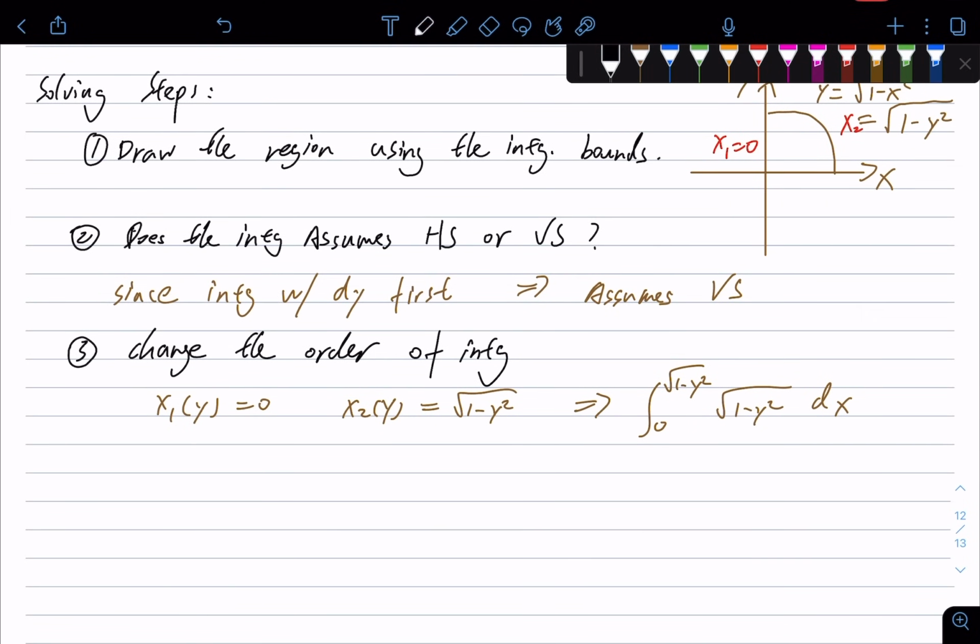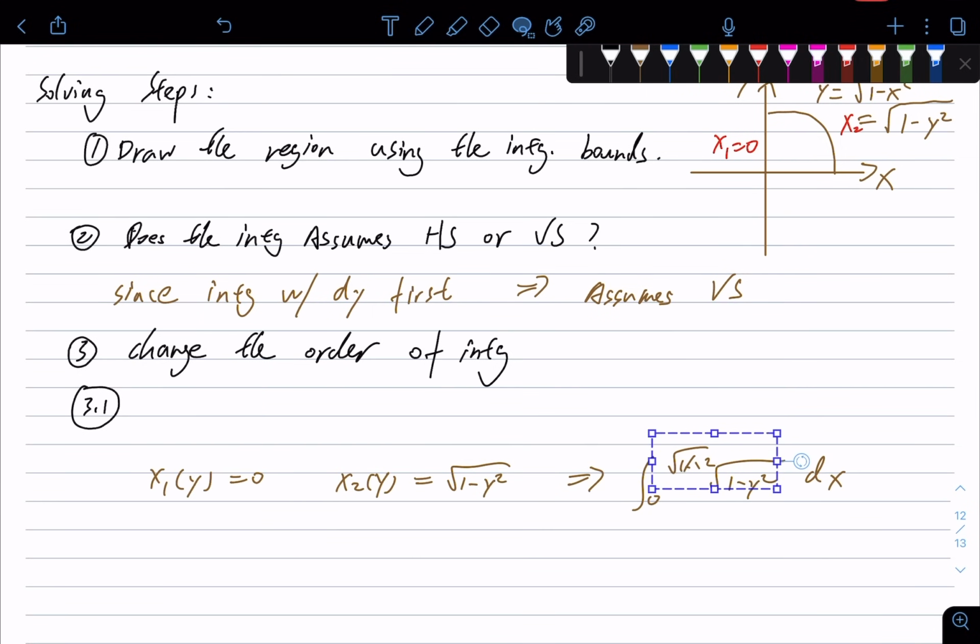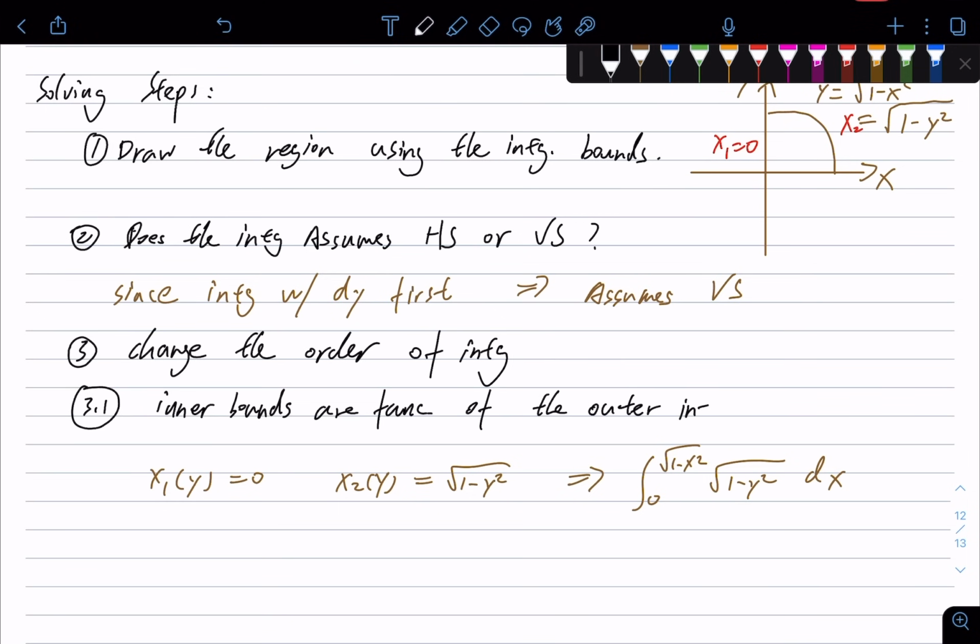And then we're going to have the integrand itself. All right, so that's step 3.1. I forgot to write down the solving step for you. I'm going to formulate this process a little bit in terms of written English: inner bounds are functions of the outer integration variable.